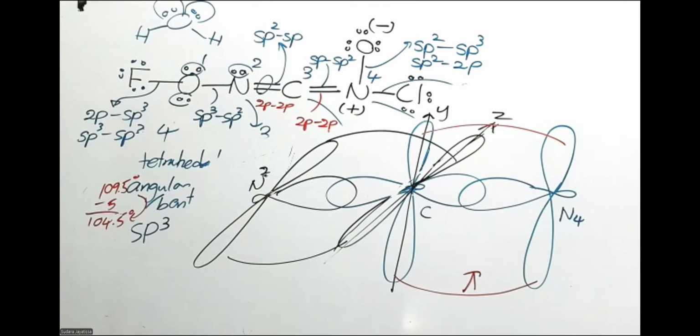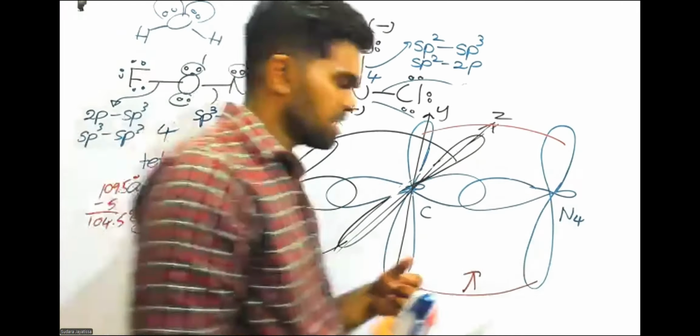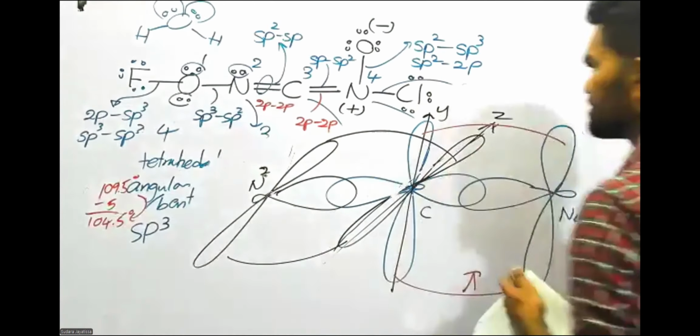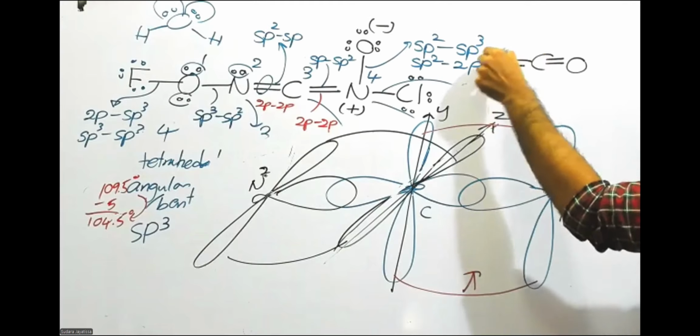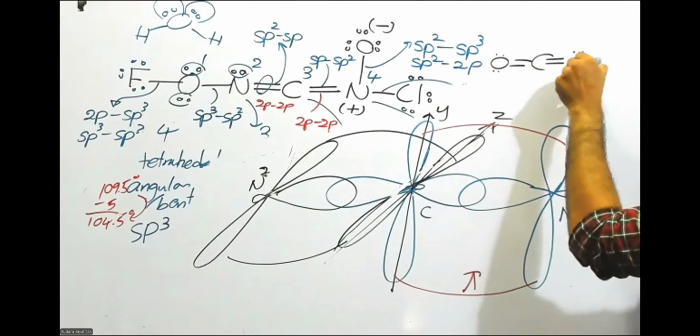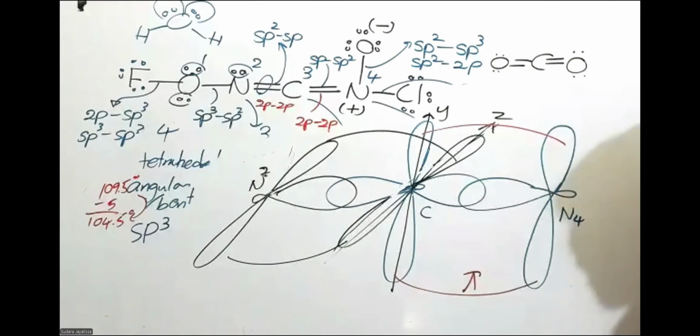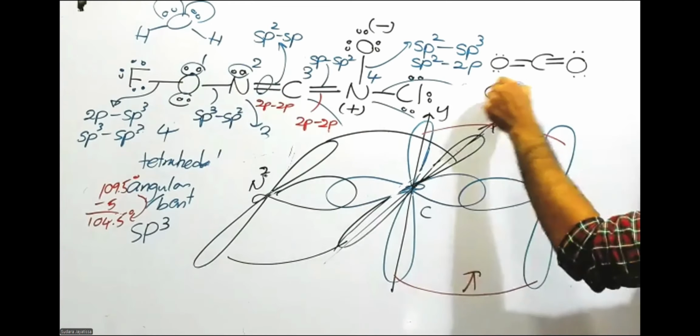And they're asking you for an example of a molecule that has a similar orientation with double bonds. Now you have to write an element that makes two adjacent double bonds. The most popular example is carbon dioxide. Carbon dioxide has a similar thing, so you can write CO2.